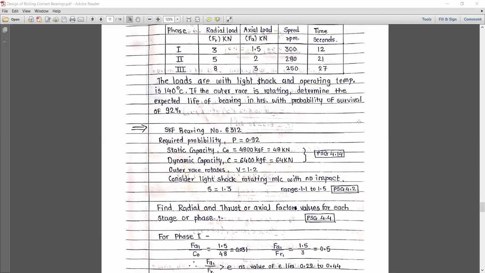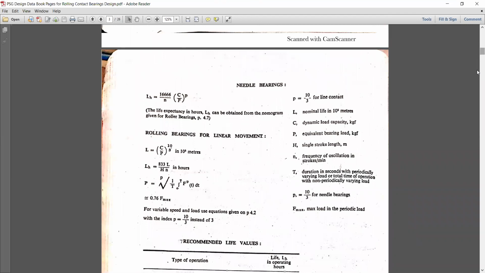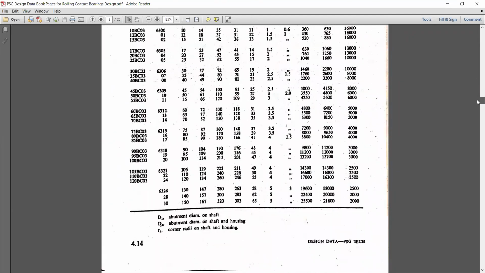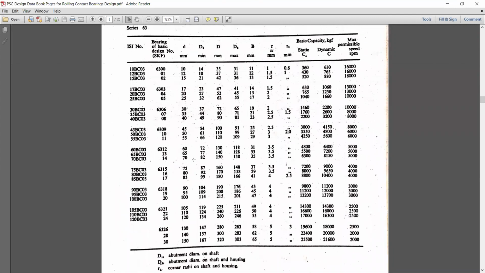by referring to the PSG data book page number 4.14 we find the static capacity. Just let's check. Okay, so PSG page number 4.14, bearing number 6312, we check it. 6312.